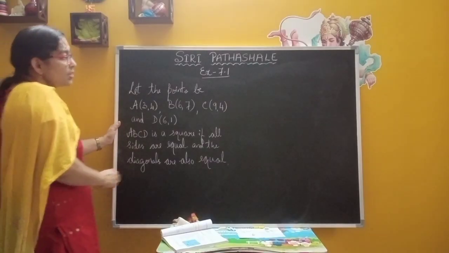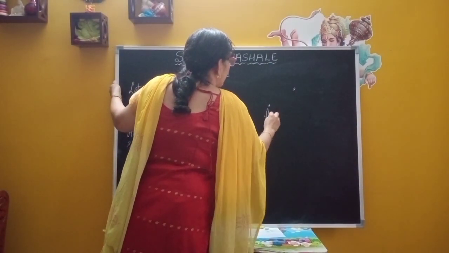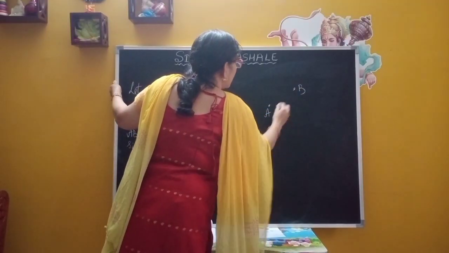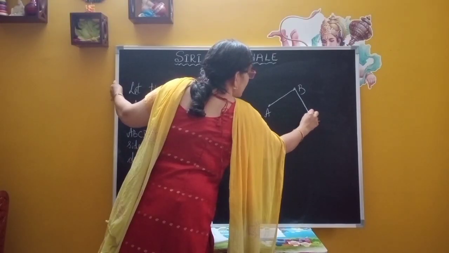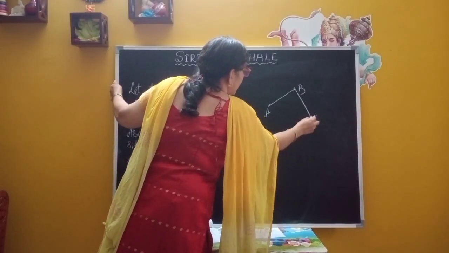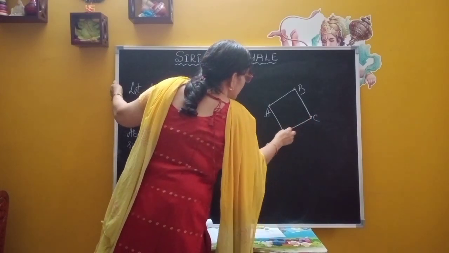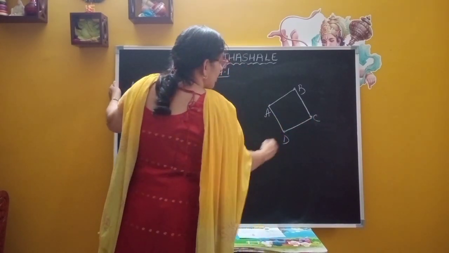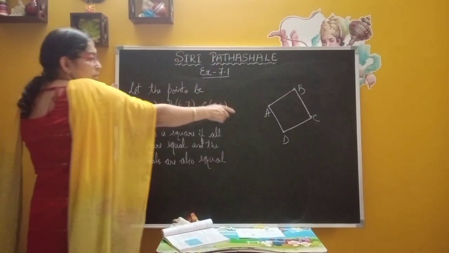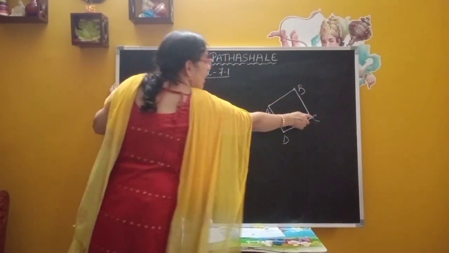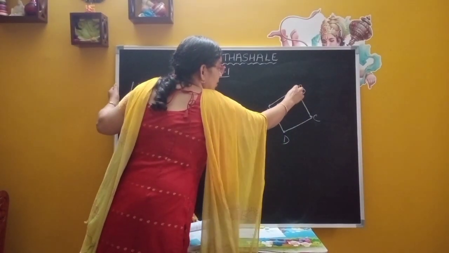So if I draw the figure, this is point A, B, and here we have point C and here we have point D. This is the square ABCD, with coordinates 3, 4; 6, 7; 9, 4 and 6, 1. Which are the diagonals?